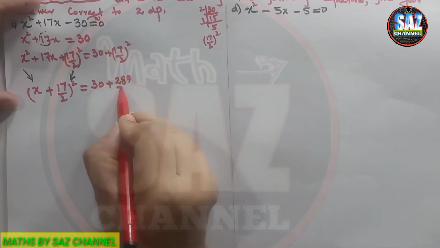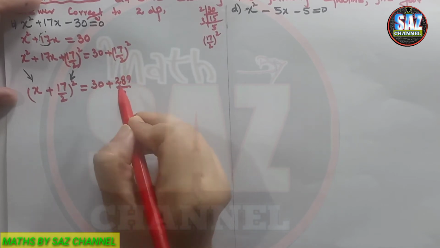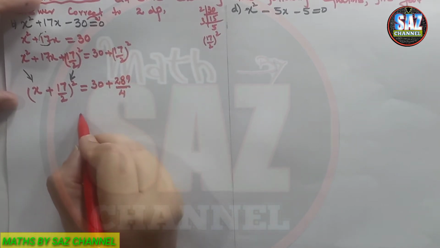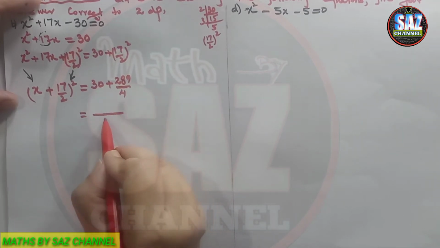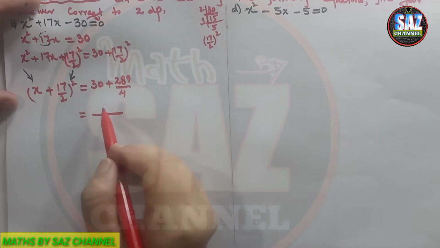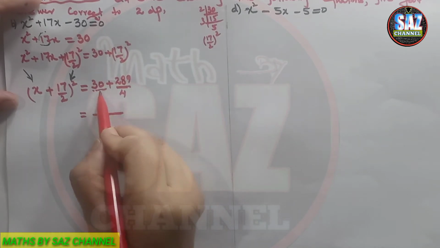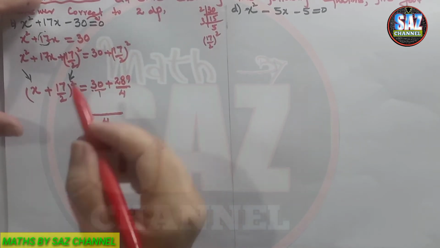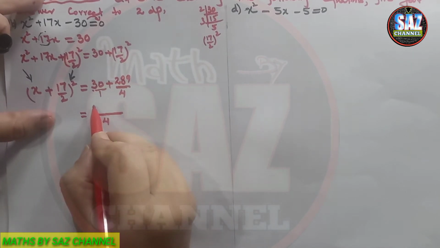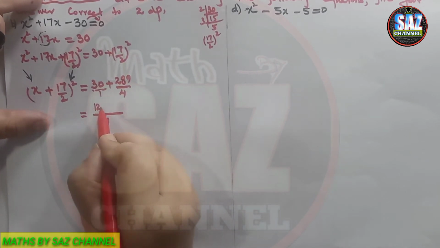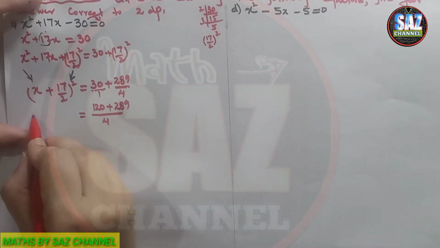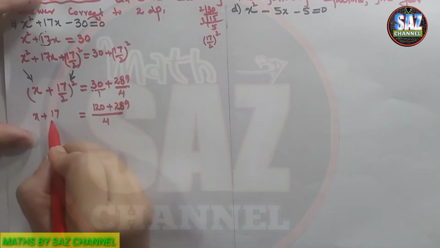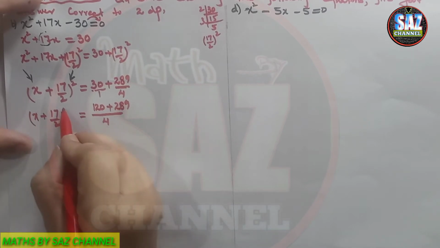Now I have to take the LCM on the right hand side to simplify this value. 4 will be the LCM; 30 has the denominator 1, so 4 will be multiplied by 30, it will become 4 times 30 is 120, plus 289, equals (x plus 17 by 2) whole square.